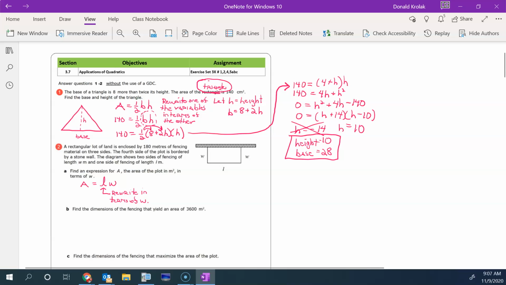All right. So what you're going to do is use that this is the perimeter. So those 3 numbers have to add up to 180. W plus W plus L equal 180 because there's no fencing on this wall here.